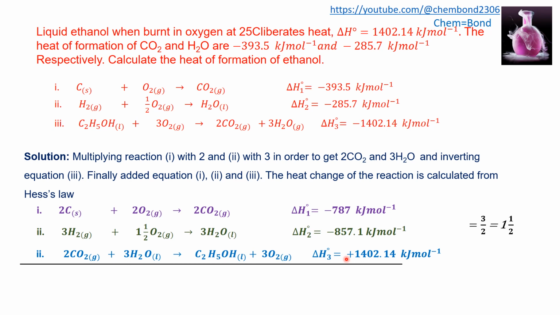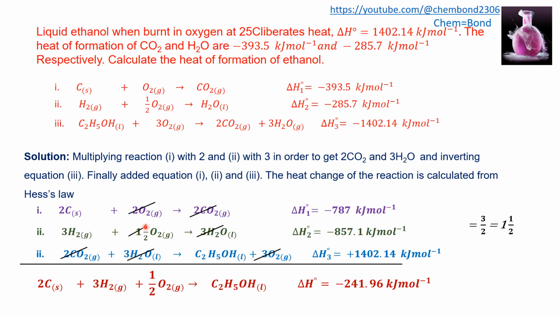Now the sum of these equations. 2 moles of carbon dioxide will cancel out 2 moles of carbon dioxide, 3 moles of water will be cancelled out with 3 moles of water, and 3 moles of oxygen will cancel out. Here it is given as 2 moles and 1 from the second equation. So 2 and 1 will be cancelled out, although half will be left.